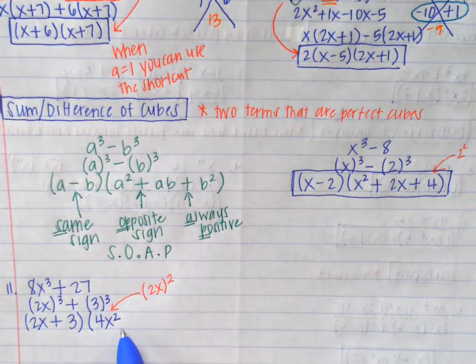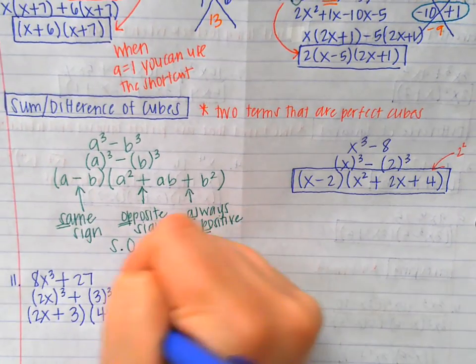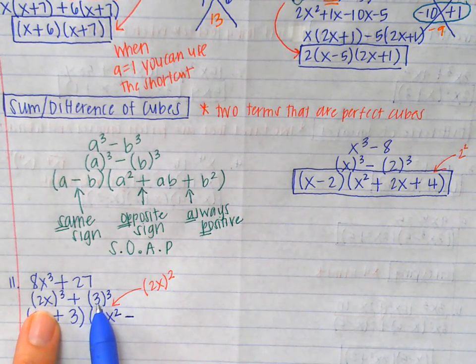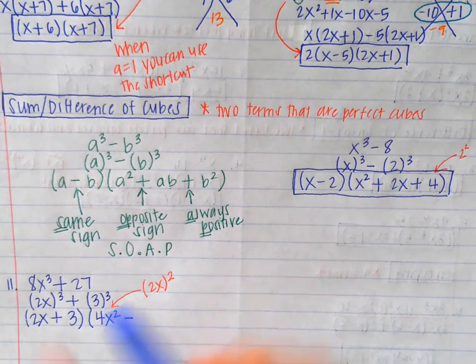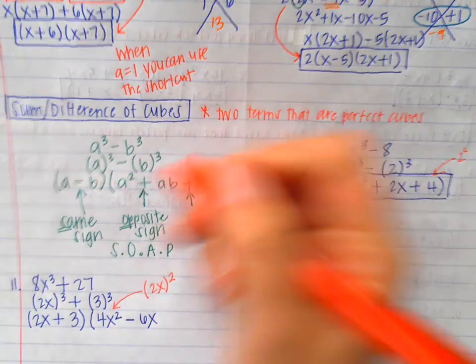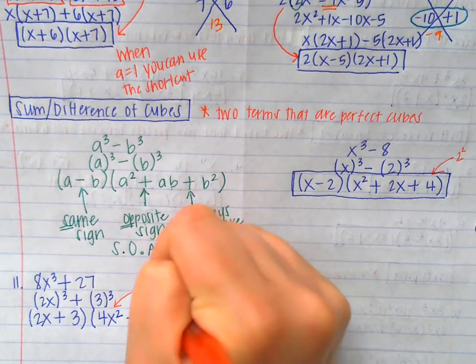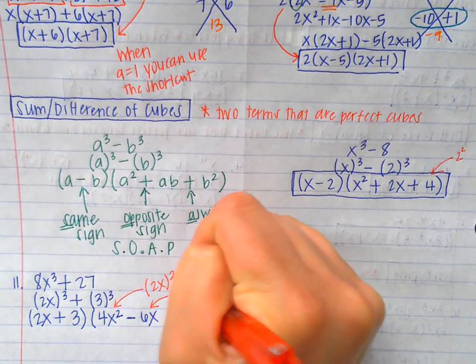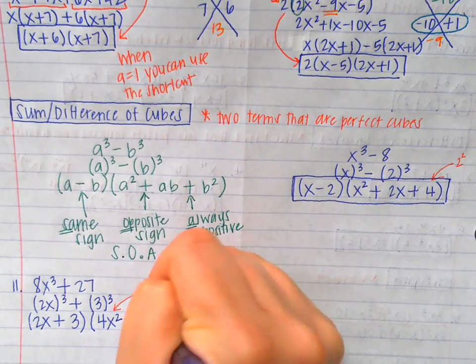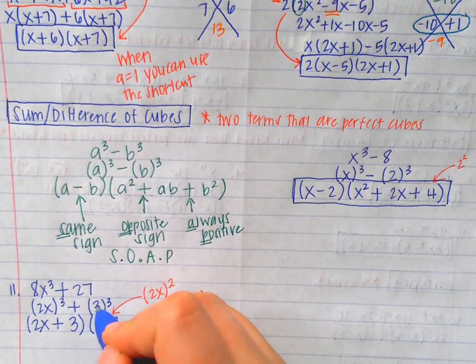Now my sign, opposite sign. If it's positive, we're going to make this negative. Then multiply the two terms together. 2x times 3 is 6x. Again, let's write that out so we don't forget what we're doing here. And then last sign, always positive, the second term squared.